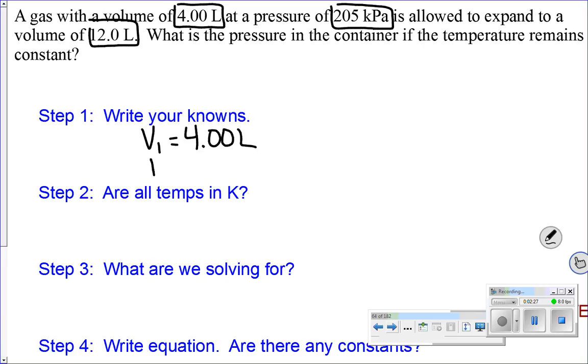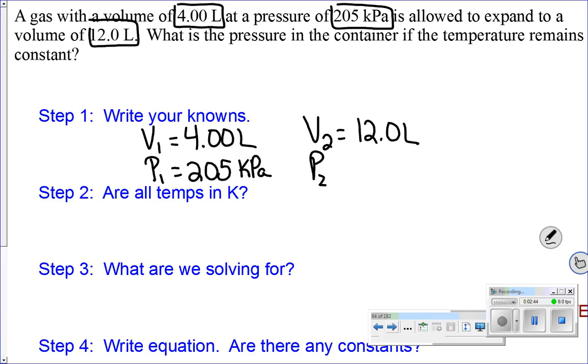We have an initial pressure of 205 kPa. We're going to get a second volume of 12 liters. The second pressure, we don't know. That's what we're going to be solving for, and that is going to come out in kPa.